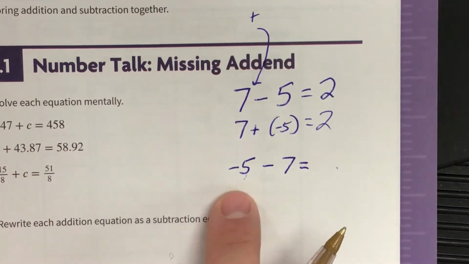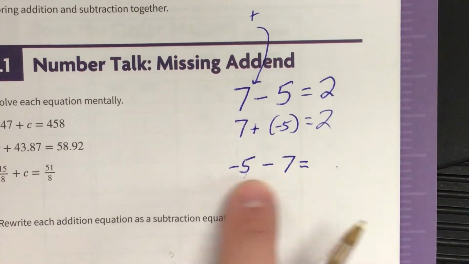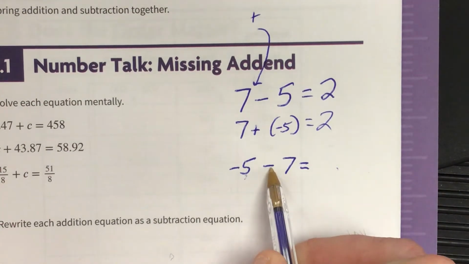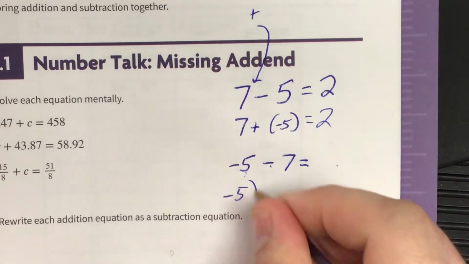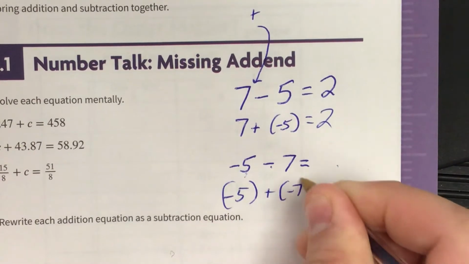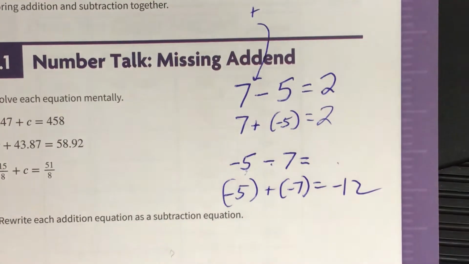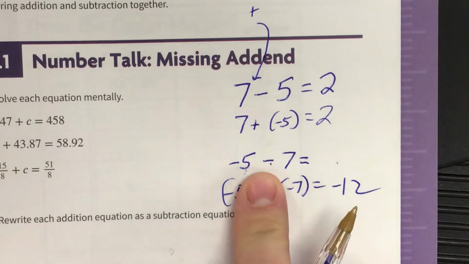Where would the plus sign go here? Chesney. Okay, it goes between the number and the negative, the minus. So if I wrote it like this, I don't think you could argue that 2 is even an option, right? The answer is negative 12. So that's where adding is easier than subtracting, for problems like this.